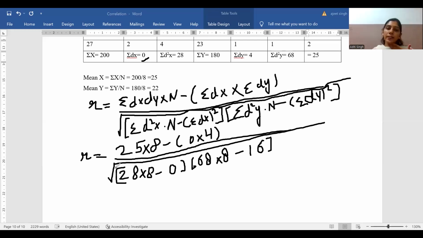So let's calculate the lower value here. What we have to do first is multiply 28 by 8 and 68 by 8.